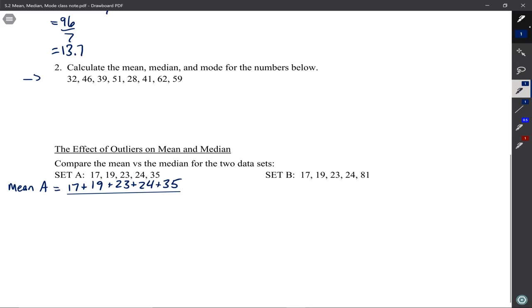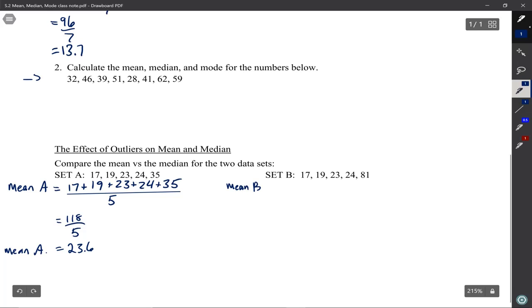So divided by 5. That's 118. 118 divided by 5 is 23.6. So that's our mean of A. We'll find the mean of B: 17 plus 19 plus 23 plus 24 plus 81.